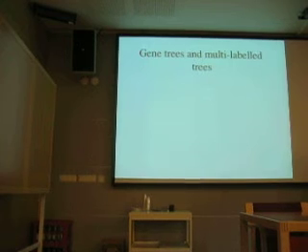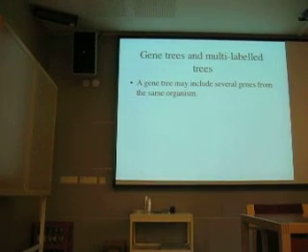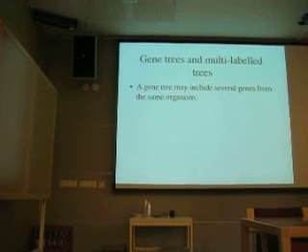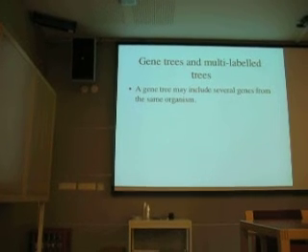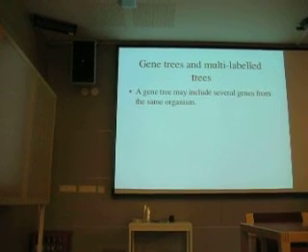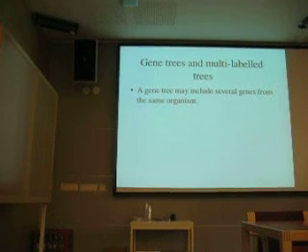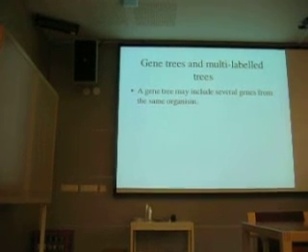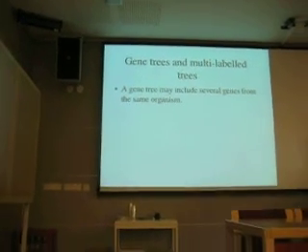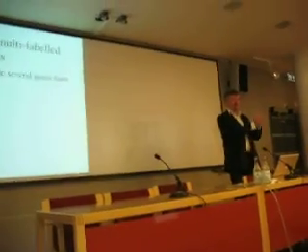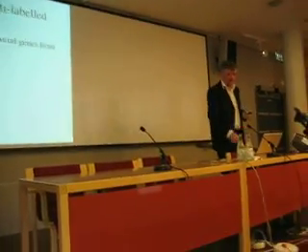Whereas in molecular systematics or molecular phylogenetics, we almost always use gene trees, and often genes occur in gene families, so it's not possible to take apart the different members of the gene family a priori.